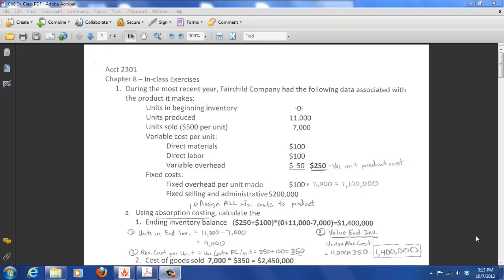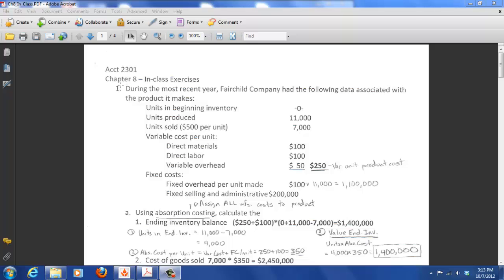That includes the fixed overhead as well as all direct materials, direct labor, and variable overhead. When we start thinking about variable costing, we assign only the variable manufacturing costs to the product, and the fixed overhead is then treated as a period cost. So let's take a look at some of the problems.